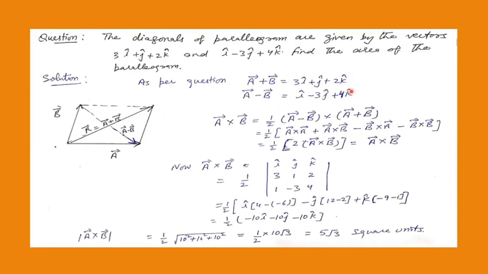And now what do I know? I know simply how to find the cross product of two vectors. If I want to find the cross product of a vector and b vector, these are the two sides of the parallelogram, and it will give me the area of the parallelogram. But I don't know the a and b vectors; rather, I know the a plus b vector and the a minus b vector.